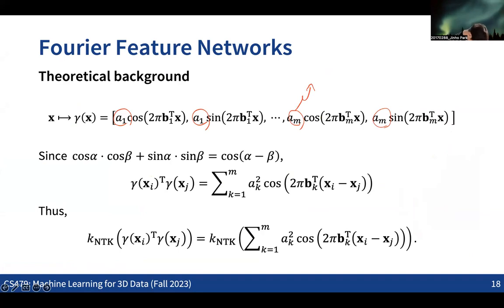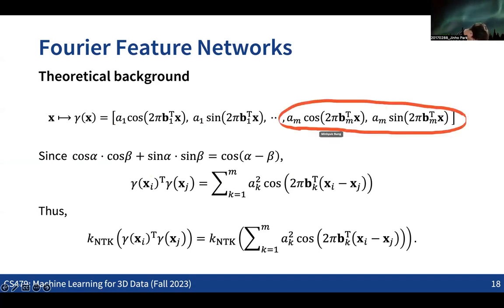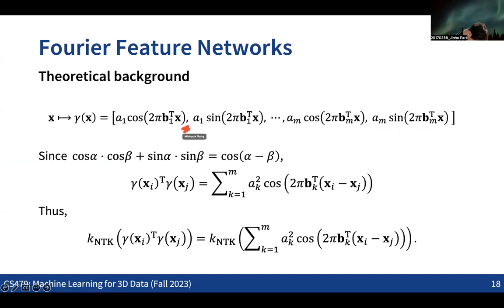The other, simpler and more convenient way is that you can set the number of these cosine and sine functions. What we typically say is that when we increase the output dimension of the positional encoding, it means we are using more high frequency functions. If we decrease the dimension of the positional encoding, it means we are only using the low frequency functions.